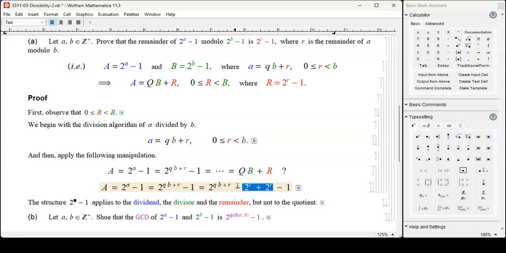I just subtracted and added the same thing, so I added 0. But this is capital R, which we want, and this one here should be capital Q times capital B somehow. All right? All good?